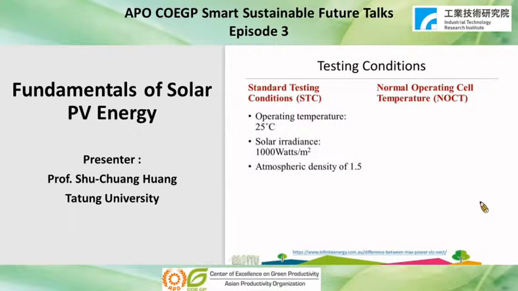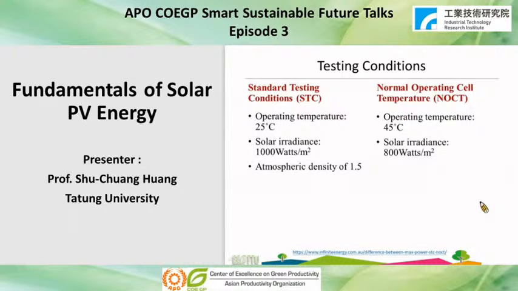And this is considered a bright sunny day with a moderate temperature. However, in reality, the operating temperature is higher. It can be as high as 45 degrees Celsius.